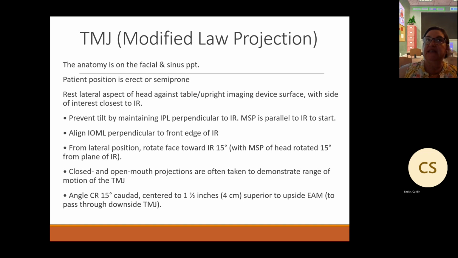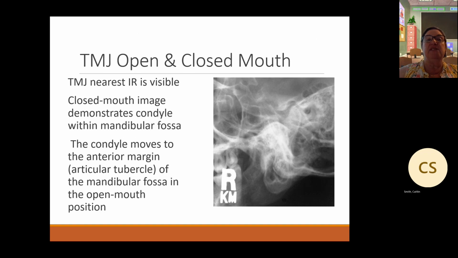Now, the thing about this is you're looking at the downside of the TM joint. That's the one you're focusing on, and you have to do both sides. The funny thing about this projection is once you get them into position, you take a projection of their mouth closed and then one open so that you can see the condyle.